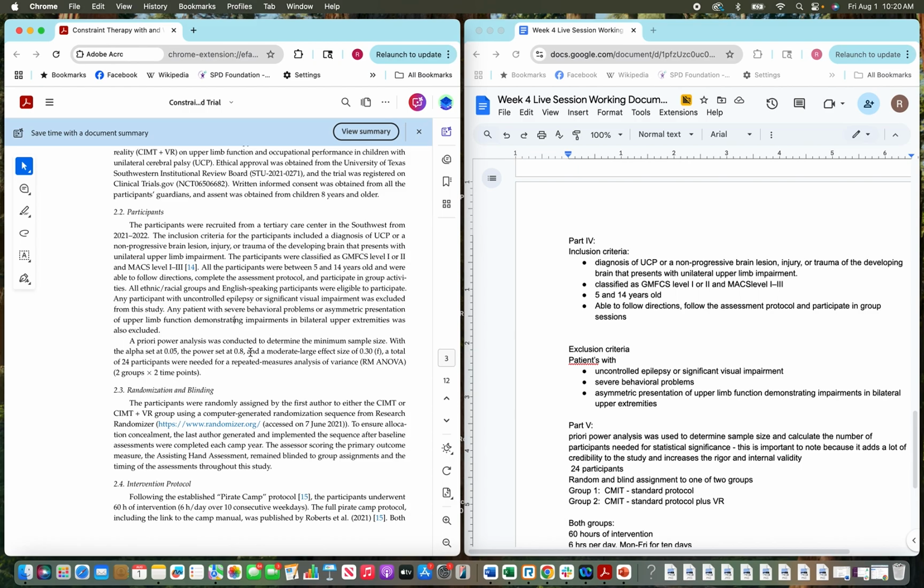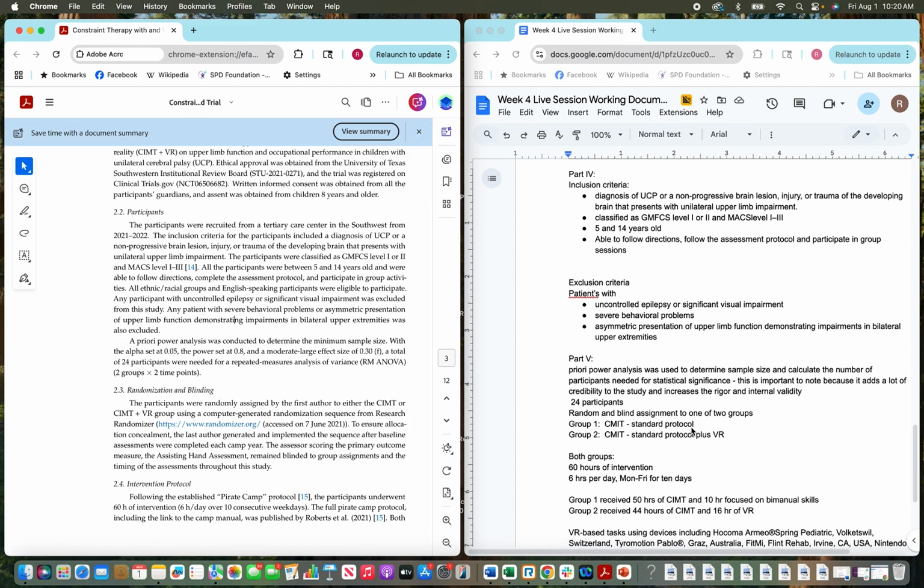Then I went on and I wanted to describe the participants in the group. Now, in this one, I decided it was particularly important to comment on the power analysis that was done, and that is because they calculated an effect size. Essentially, they did a statistical analysis to see how many participants they would need in order to show that this was effective.